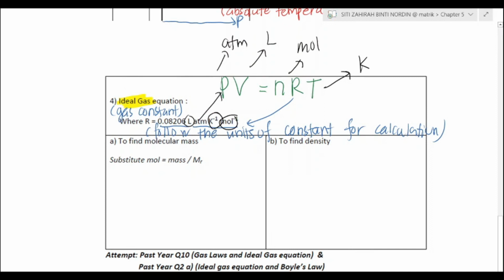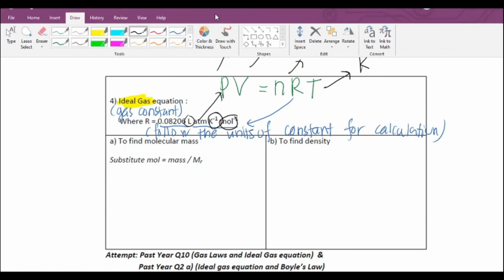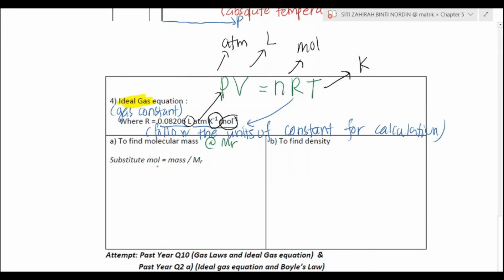First, to find the molecular mass, or Mr, you need to substitute the mole with mass over molar mass. So PV equal to mass over molar mass times RT.